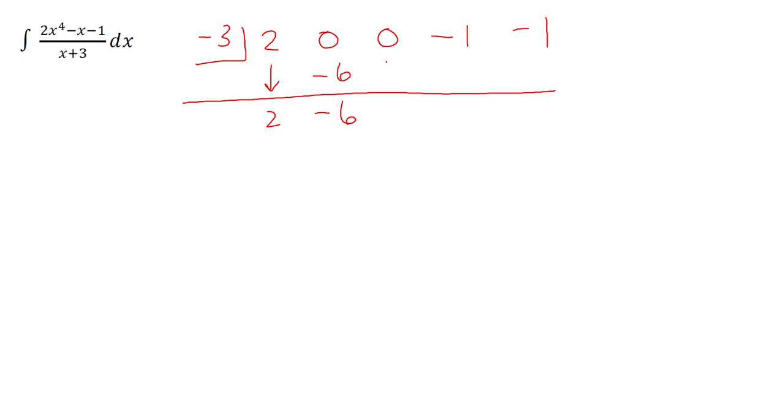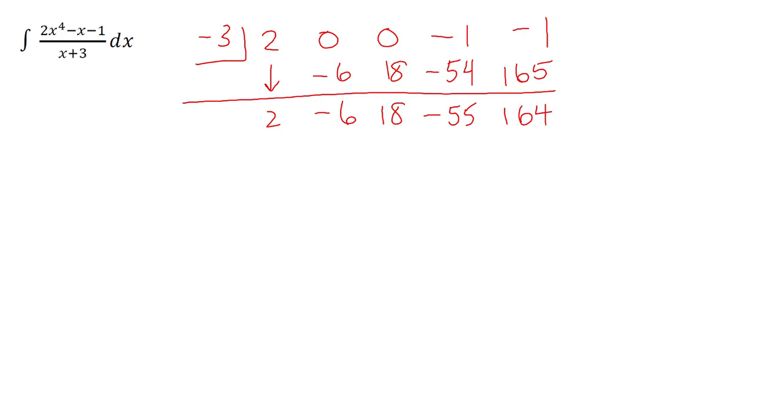That negative 6 times the negative 3 in the box is 18. 0 and 18 is 18. 18 times negative 3 is negative 54. Negative 1 minus 54 is negative 55. Negative 55 times negative 3 is going to be a positive 165. And add the negative 1 and the 165 together to get 164.